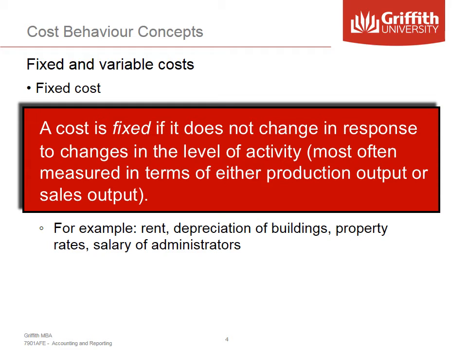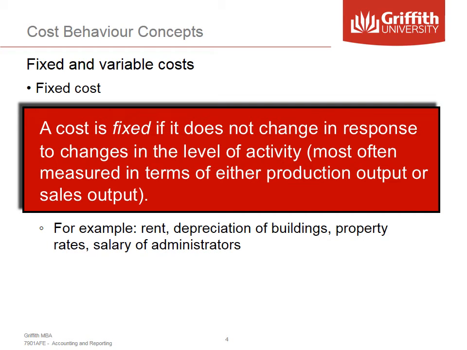Now, what is the level of activity? Well, most often activity is measured in terms of either production output or sales output. And either of those describes very clearly just how hard the organisation is working.